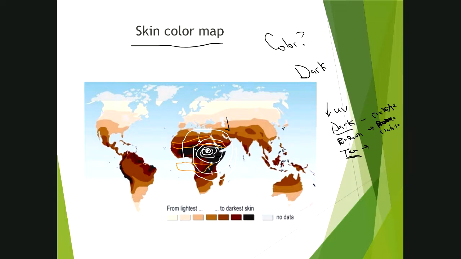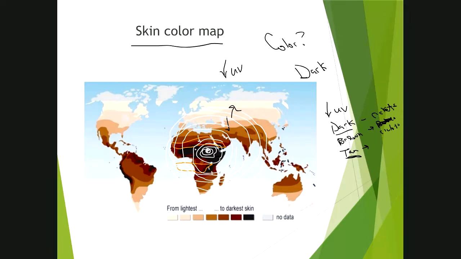But then it didn't stop. People kept moving, and they moved out of Africa and into Europe. And as they moved, the same thing happens over and over again. The further north you go, or the further south you go, there's less and less UV light.